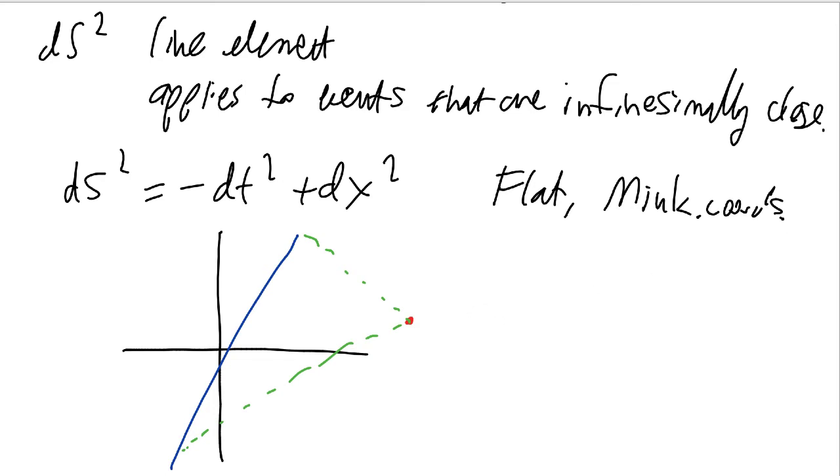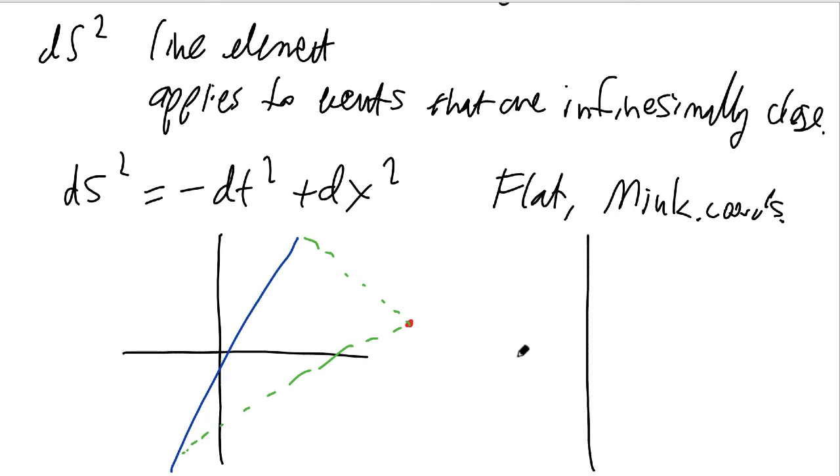But it turns out that as long as we're talking about events within a local region nearby the observer, the line element can always be approximated by the line element for flat space-time in Minkowski coordinates.